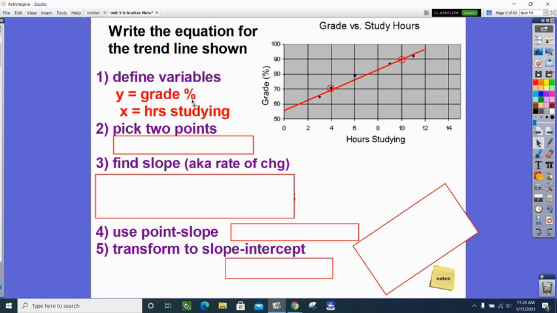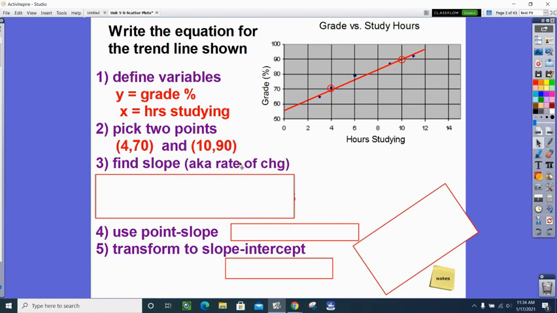So I'm going to use x for the hours studying, and y is going to be our grade percentage. And that's always easy to get off of a graph because of the labels. I already ringed my 2 points, and I just named them a second ago: (4, 70) and (10, 90). To find the slope, I'm going to take y minus y.